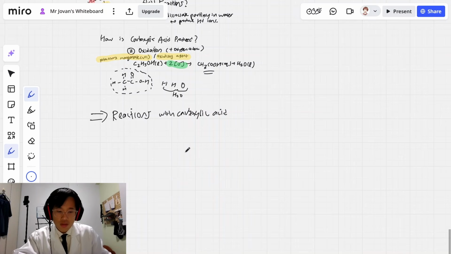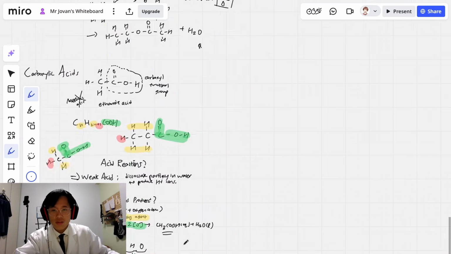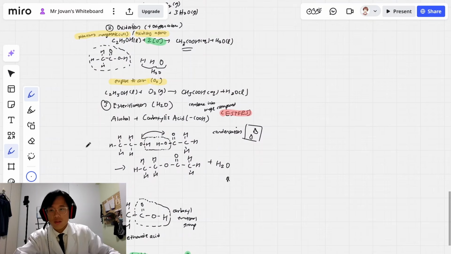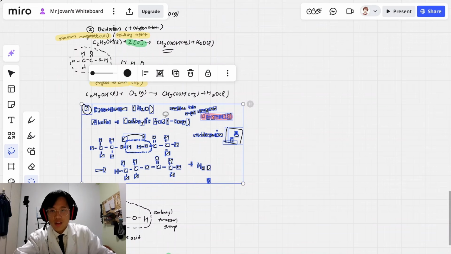We'll go through the acid reactions. And there's also what we just learned, esterification. Let me copy down the esterification portion. I told you everything is linked already, so there's really nothing to be afraid of because you realize everything is linked.